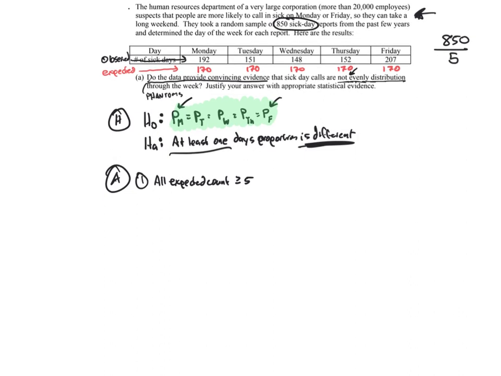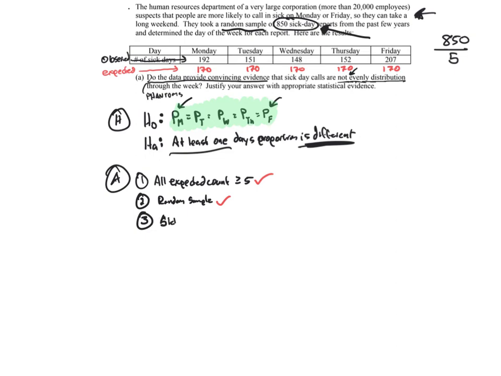So are those expected counts greater than or equal to 5? Absolutely, way bigger. Number two, it does say a random sample, right? So random sample, check. And number three, did we have at least, so we're going to say sick days, right?